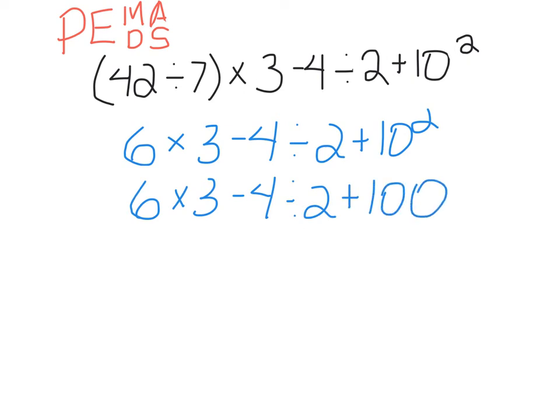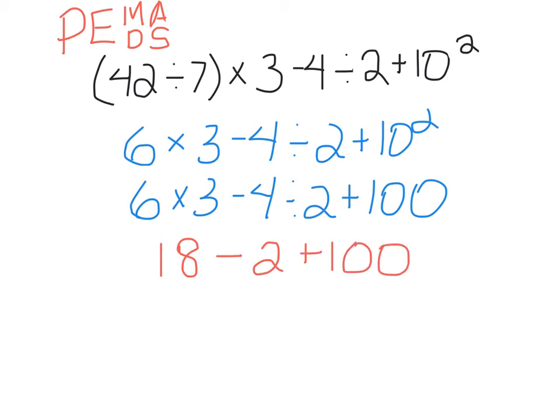Now we're going to multiply and divide going from left to right. So even though I have a division here, I have multiplication that comes first because I'm working left to right. So we have 6 times 3, which would equal 18, minus 4 divided by 2, which equals 2, plus 100.